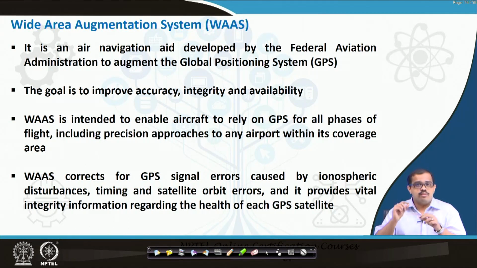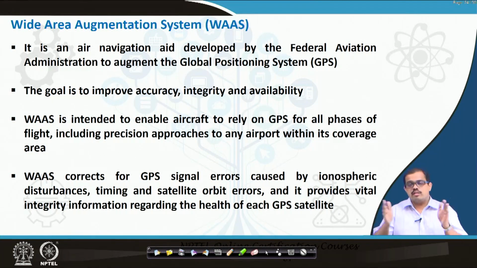The most important point to understand is that it was integrated, or augmented, as a part of GPS. It improves the accuracy, the integrity, and the availability of the system. So, WAAS is intended to enable aircraft to rely on GPS for all phases of flight, okay.